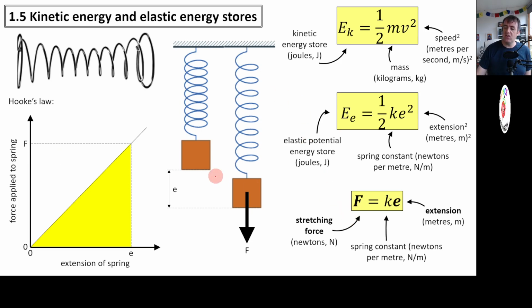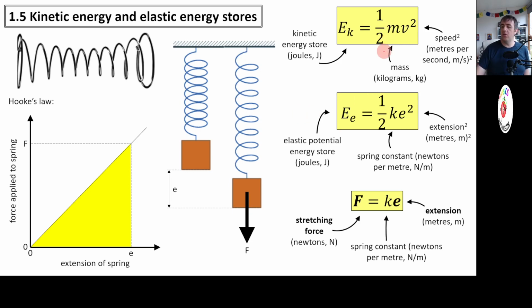When measuring e, just remember you're measuring extension from when no force is applied to when a force is applied. It's not a case of, if I apply more force, I measure the extension from the previous force to the new one. No, the extension is always measured relative to when no force is applied to the spring.